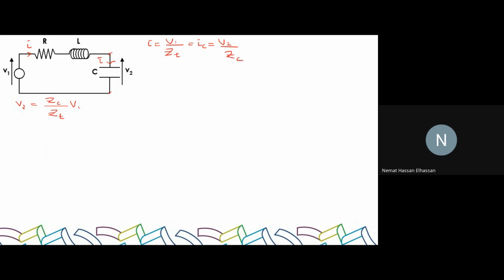Since these two are equal to each other, we can do cross multiplication and establish that V2 over V1 is Z over Z total. Okay? So now we already know the relationship between the output and the input: V2 over V1 is equal to ZC over Z total.